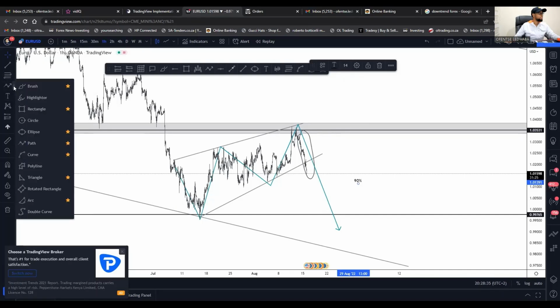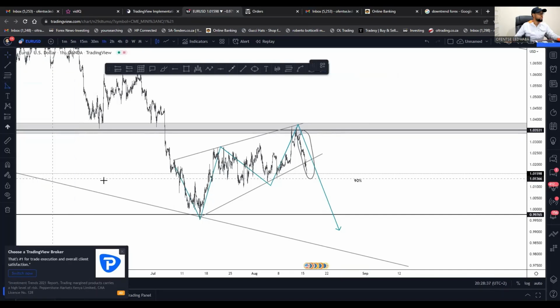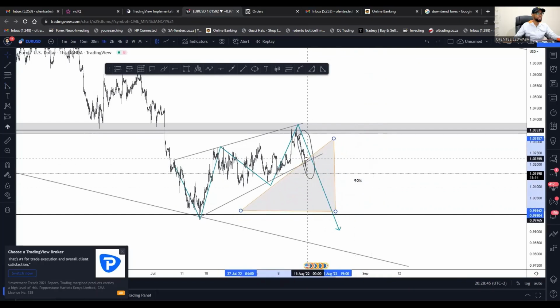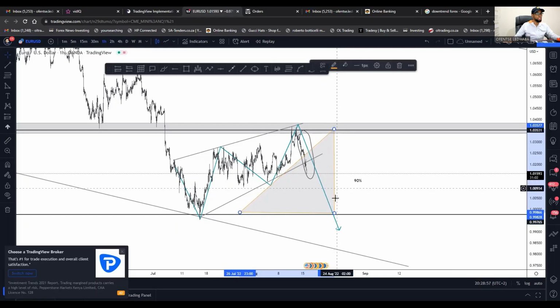Can I find it? Okay. I want to show you something. Triangle at 90 degrees. So basically this is how this was looking. Can I get 90 degrees here? Let's get 90 degrees.